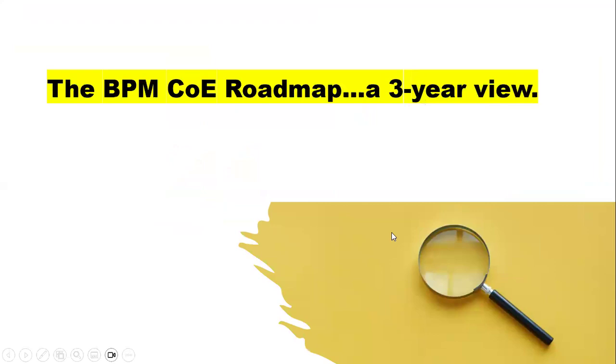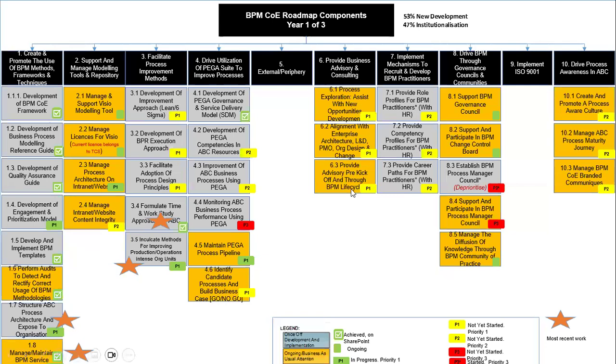Now, the last thing here is, you're not going to build these things overnight. If anybody tells you that you can have a proper functioning, well-oiled BPM Center of Excellence in a year, that is not the truth.